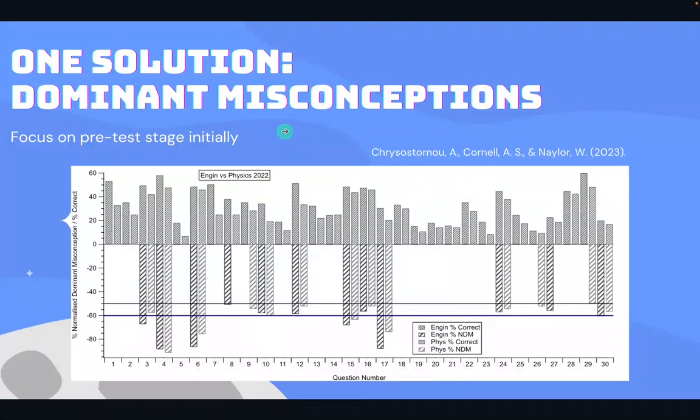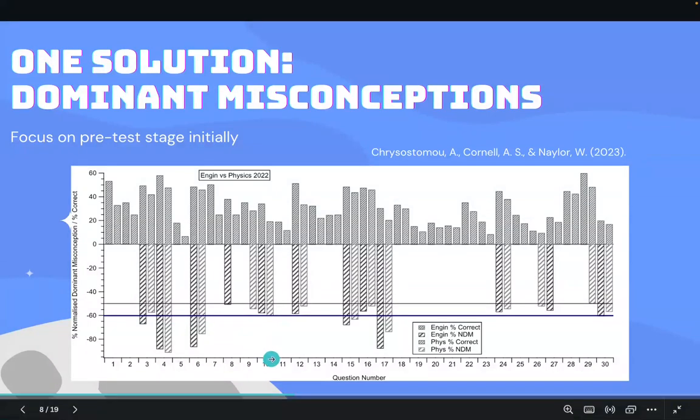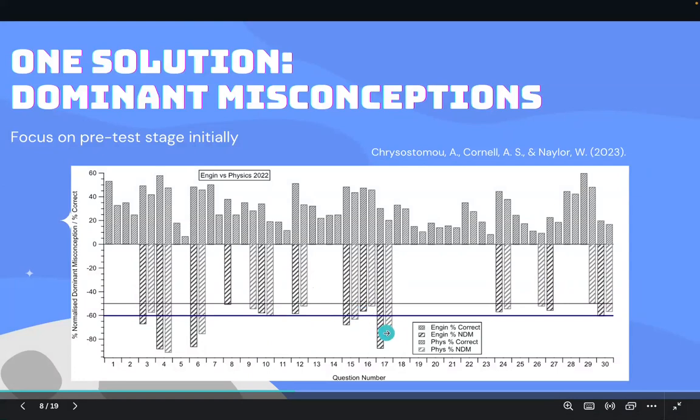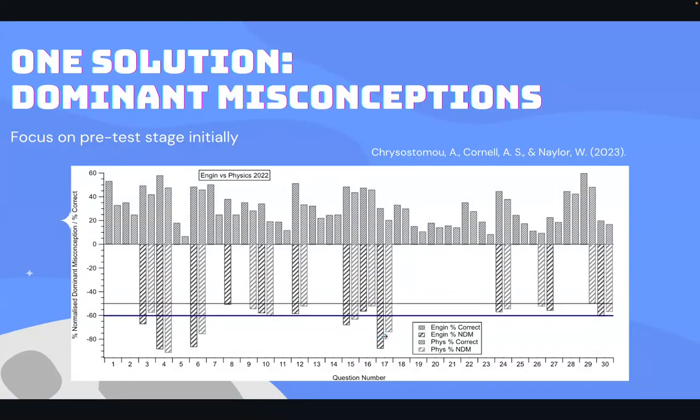But what's different with dominant misconceptions is we decide to look at the largest percentage incorrect score, and then we set a threshold where we say, well, any score where the percentage is greater than a 50% score normalized is what we call a dominant misconception. So, for example, question 17 may focus on circular motion, and therefore we know that we need to update our teaching during the course to try and get them to a better post stage, which we can also have a similar snapshot of, and I haven't provided.